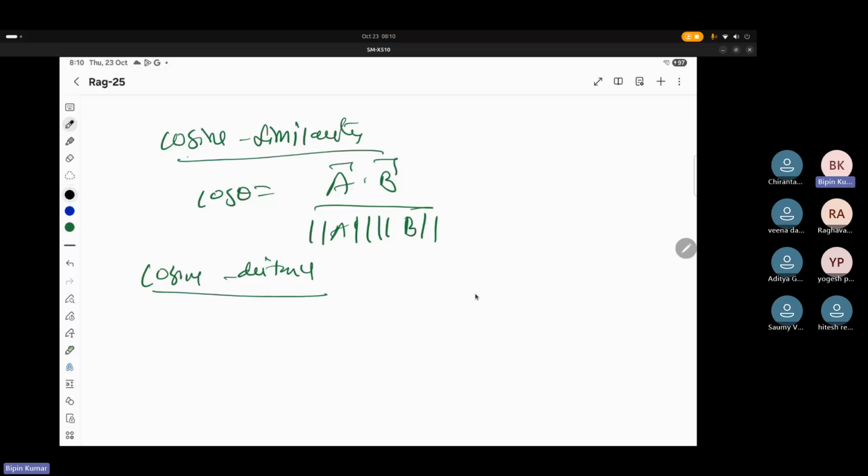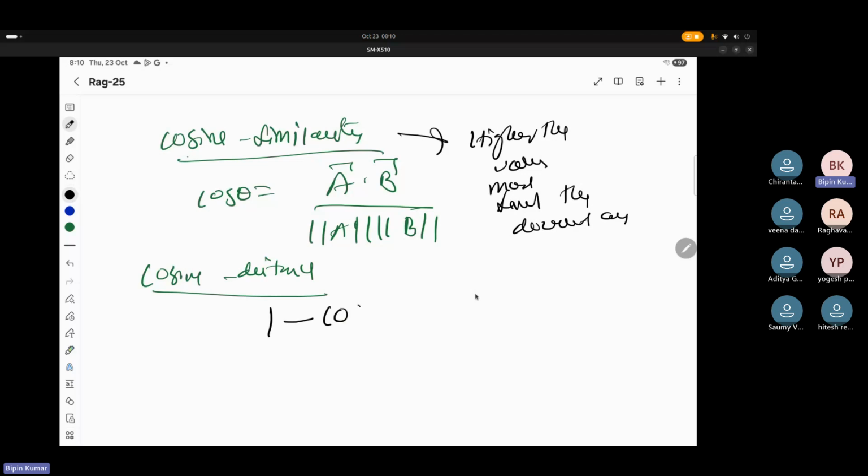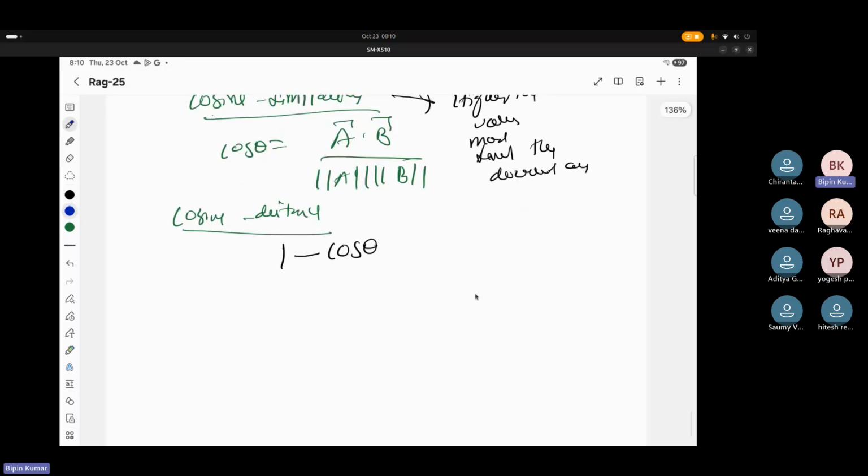In cosine similarity, the higher the value, the more similar the documents are, because the highest value is when cos theta is 1. In cosine distance, it is just reversed. Its value is 1 minus cos theta. So we call this cosine distance. These are the two metrics.